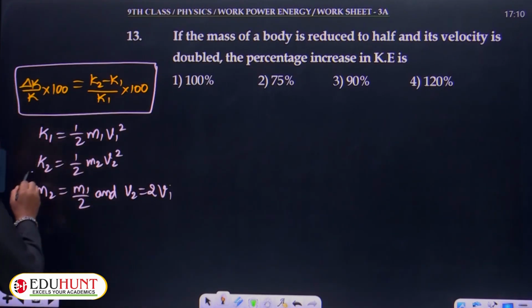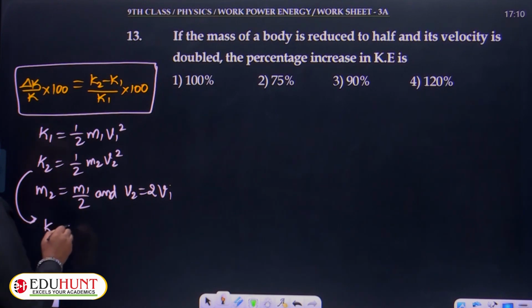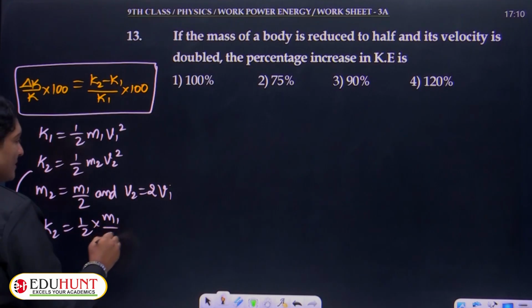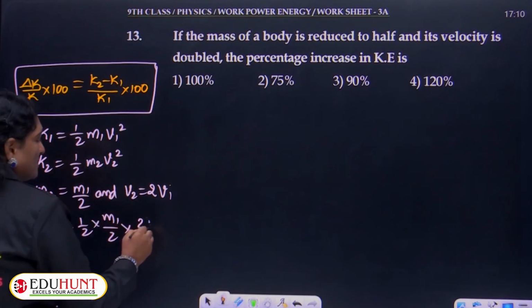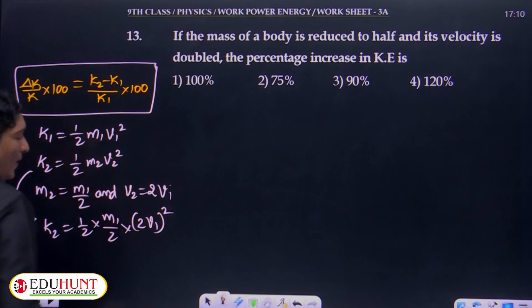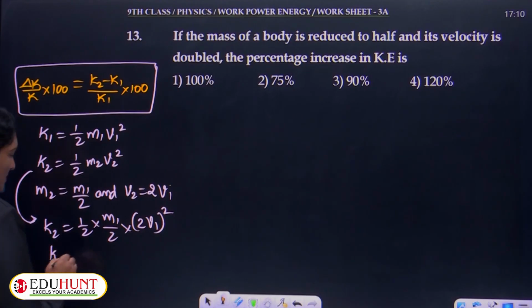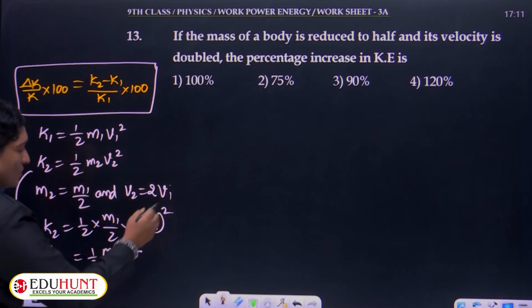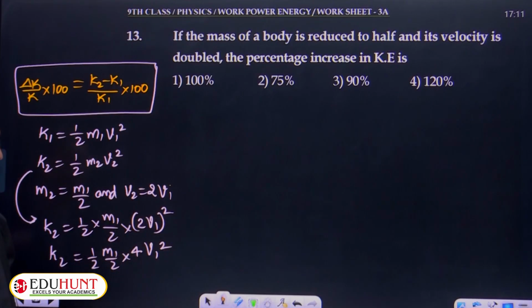Substituting here, you will get the value of K2 as half. M2 must be replaced with M1 by 2. V2 must be replaced with 2V1 whole square. Hence, K2 equals half, M1 by 2 into 2 square is 4V1 square.